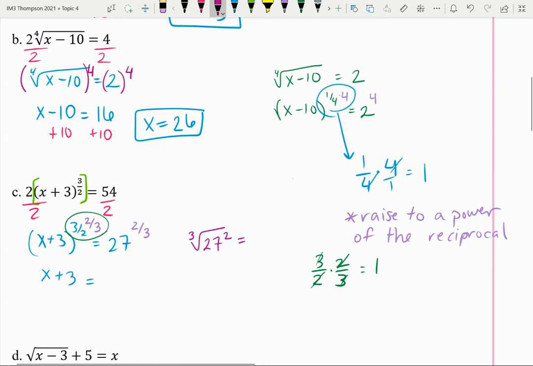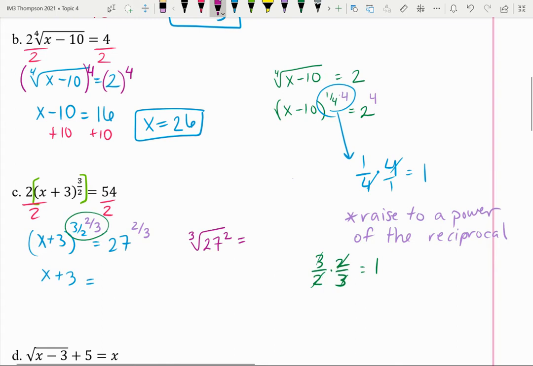If you're unsure, you can always do the factor tree. The cubed root of 27: I can break out 3 groups of 3, so I just get 3.